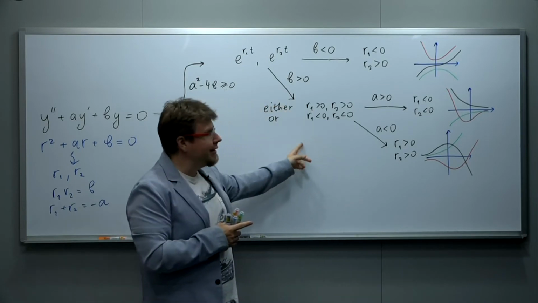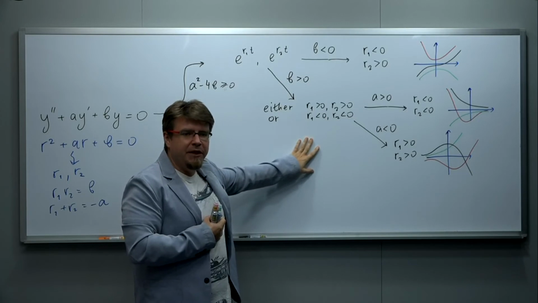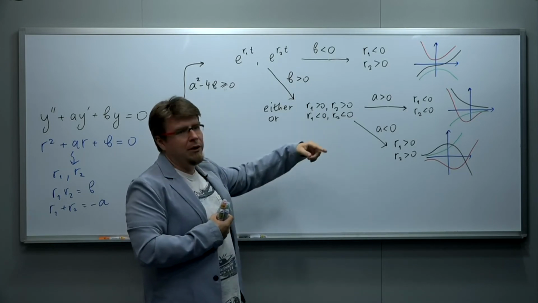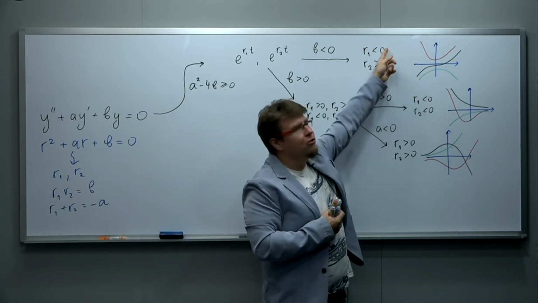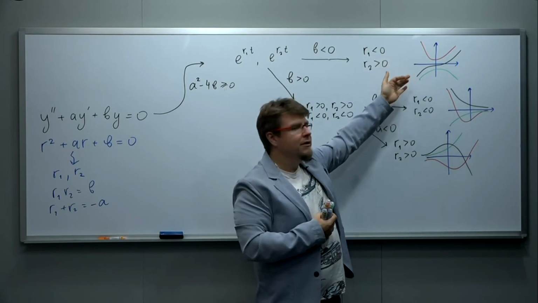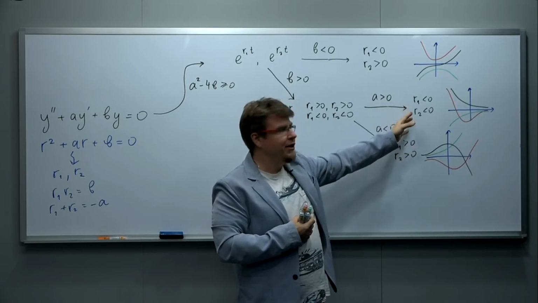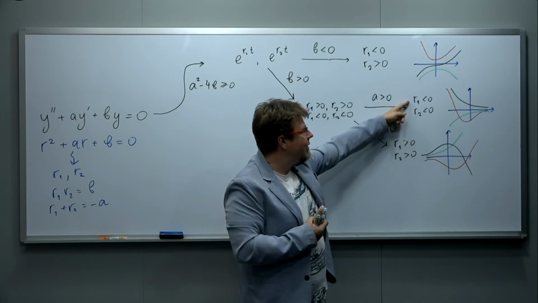I did not explain the case of a repeated real root. But basically, it's the same, only when the root is repeated, we cannot have this, because this is the case when the two roots have opposite signs, so they cannot be equal. But these two cases actually cover the situation when R1 equals R2.